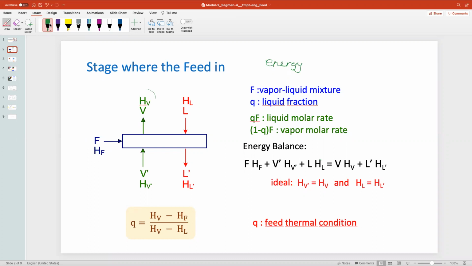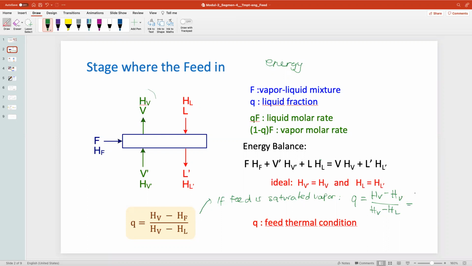So that means if the feed is saturated vapor, Q becomes HV minus the feed enthalpy, which should be equal to the vapor enthalpy, divided by HV minus HL.